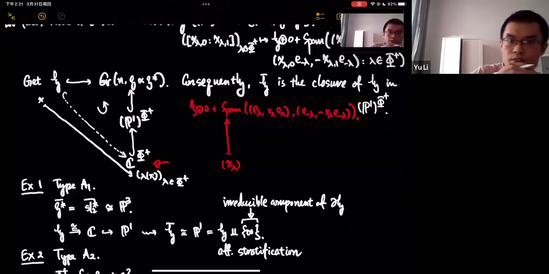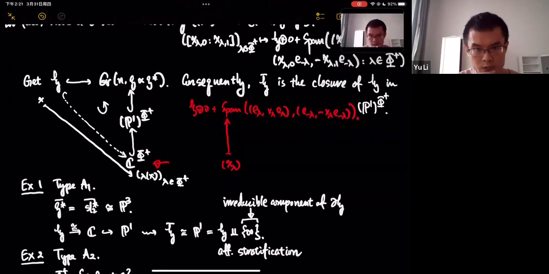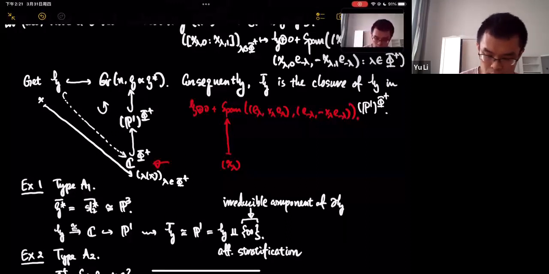Then it's very easy to convince yourself that if I compactify C to the phi plus to P1 to the phi plus by compactifying each coordinate C to a P1, then this map from C to the phi plus to the Grassmannian factors through P1 to the phi plus.